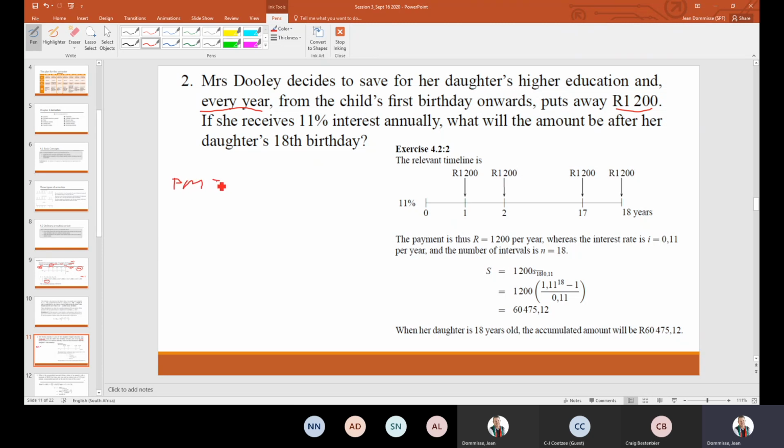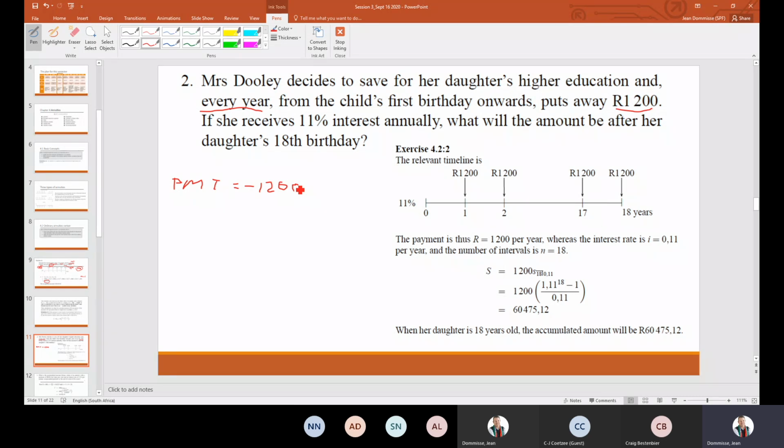PMT is minus 1,200. I'm using the minus 1,200 so that in the end my future value will be a positive value. If you put in the 1,200 without the negative, all that will happen is your future value will be negative, but then you just make it positive again.